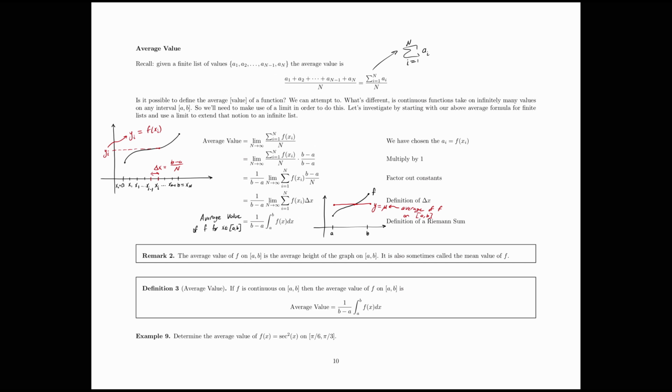What's interesting to note is that the area under this curve, right here, this area in red is exactly the same as the area under the blue. It's exactly the same.